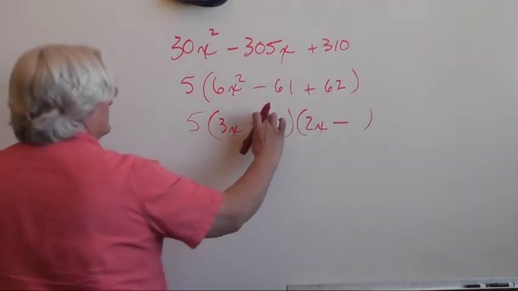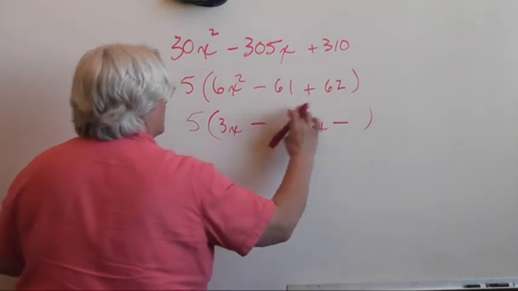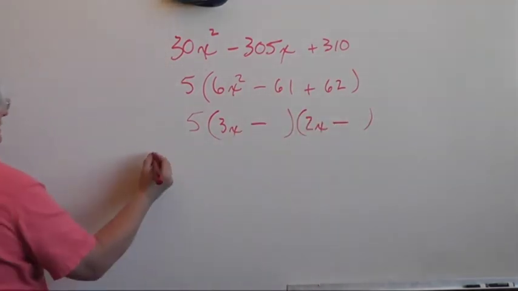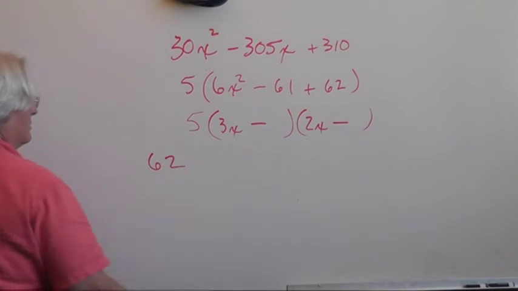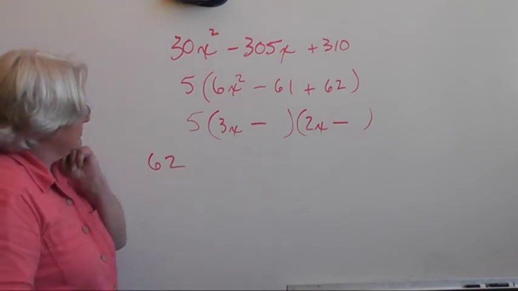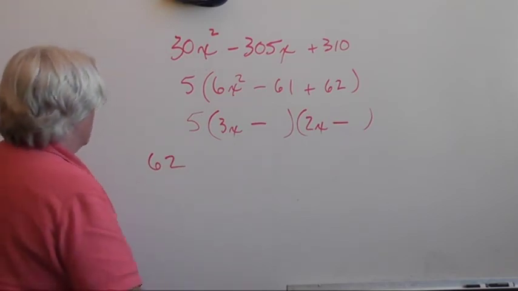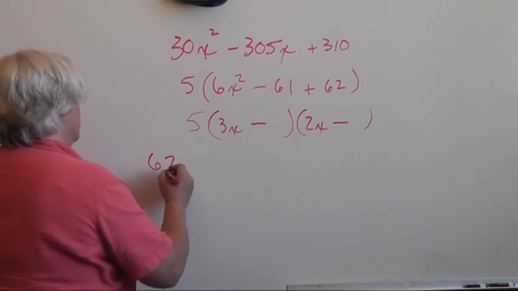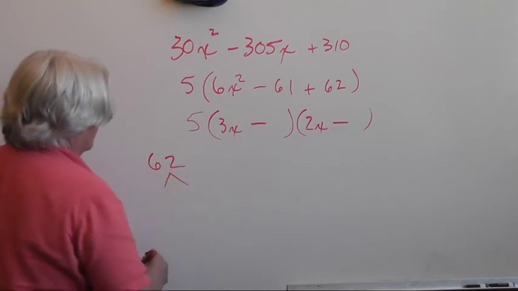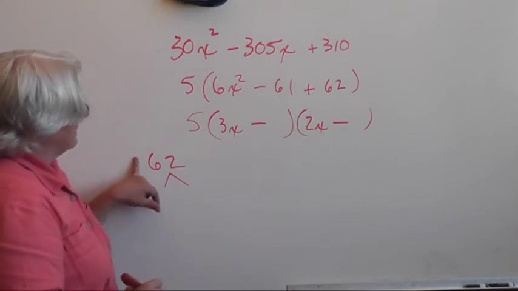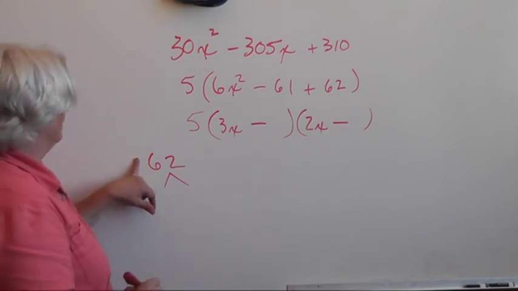So now we're going to have to do some trial and error here, which means we need to factor 62. Well, let's see, what can I factor 62 as? Nothing's jumping out.